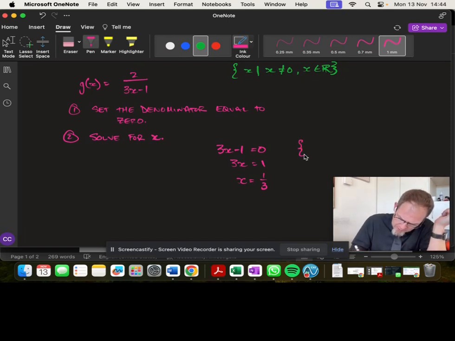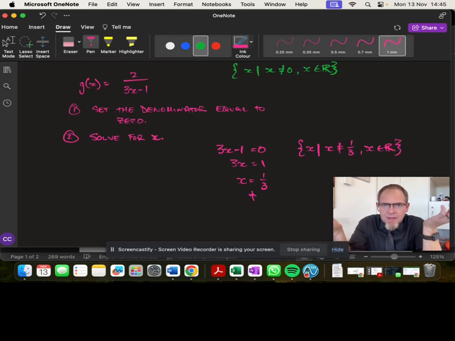So once we have what makes it go to 0, we set up our domain saying that it can't be what makes it equal to 0. And that is pretty straightforward and simple. I kind of like that. And by the way, I think that it might be a worthwhile thing for us to see it.